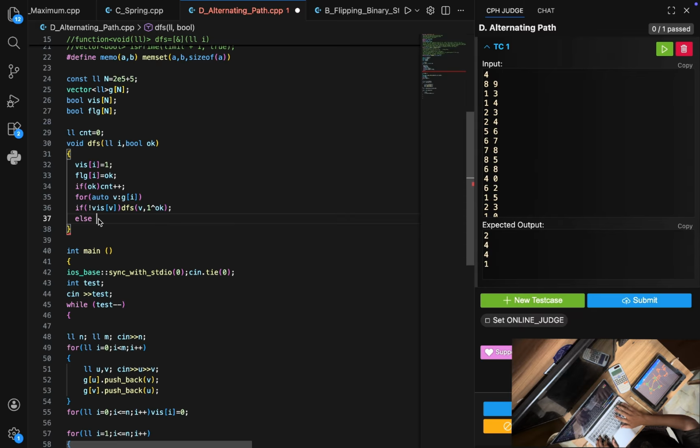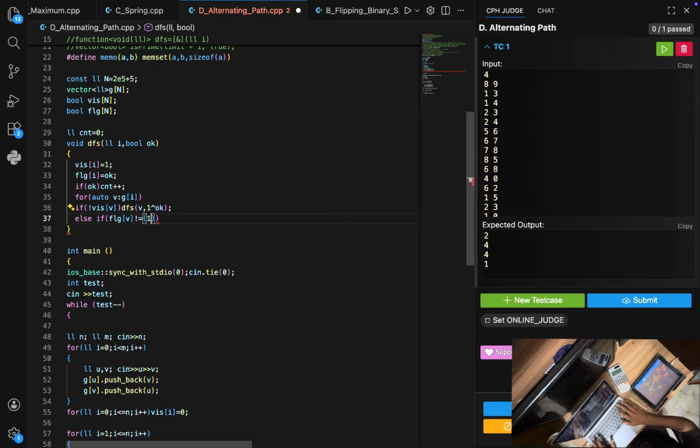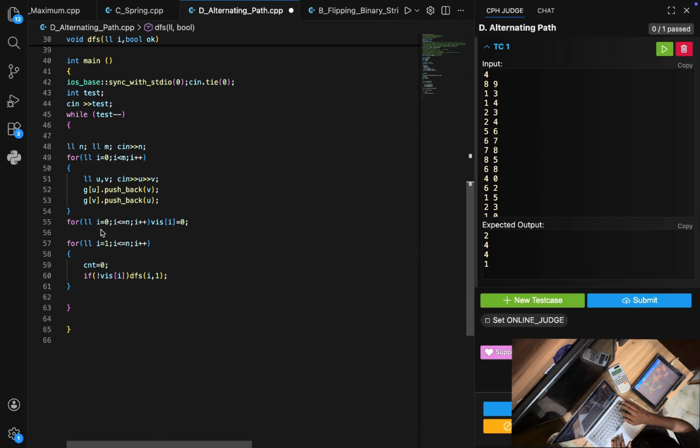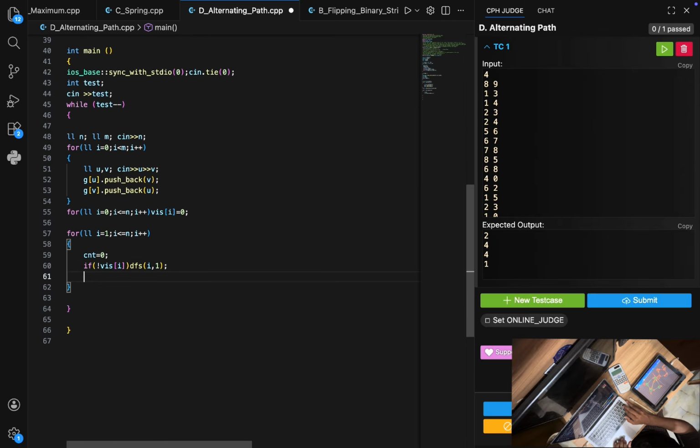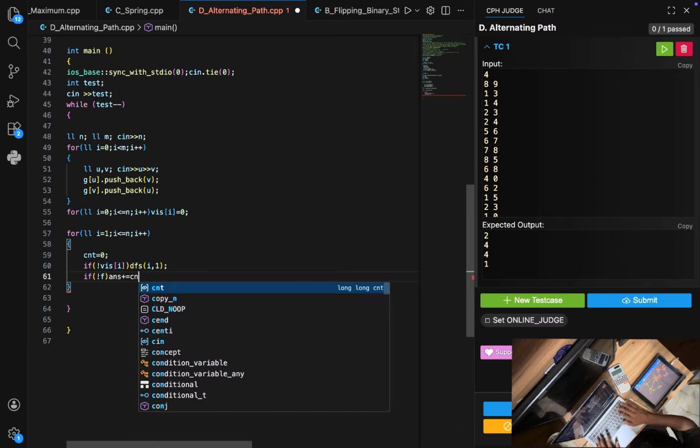Else if flag v not equal to 1 XOR, then just f equal to 1. If not f, answer plus equal to count.